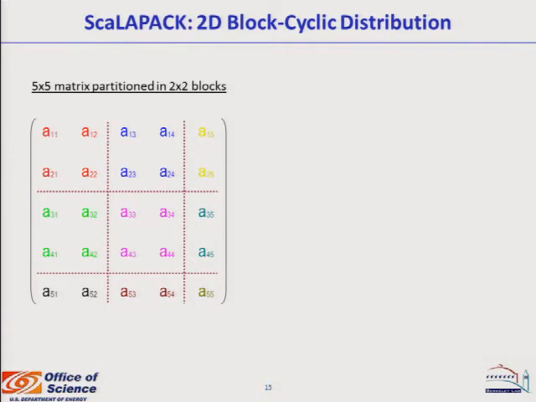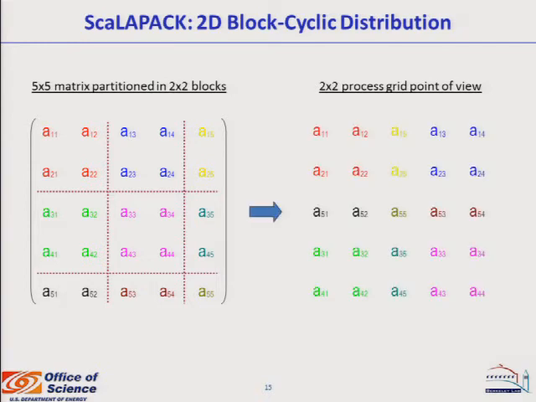I just changed the colors, it's the same matrix, to make things easier to see. Suppose we want to distribute this small matrix into 4 cores or processes using a 2x2 process grid. So this is how things work here.